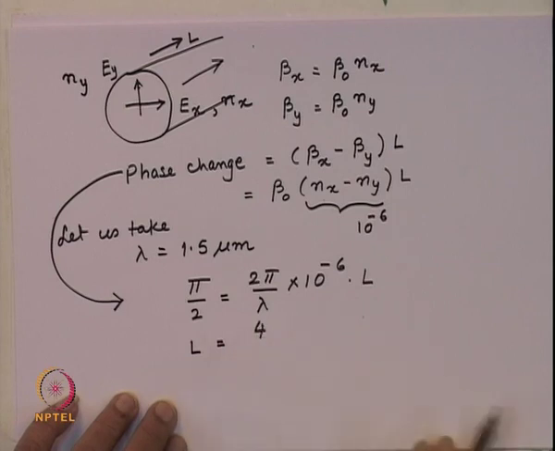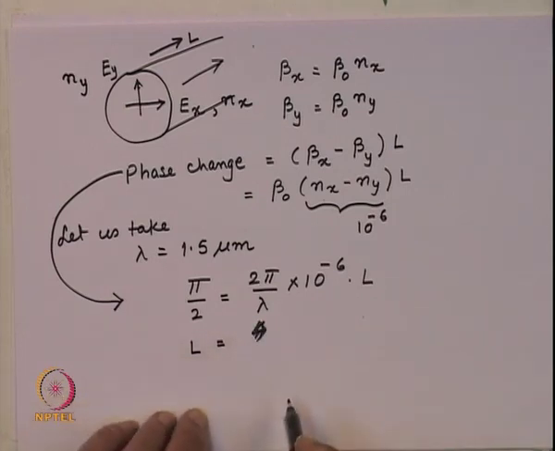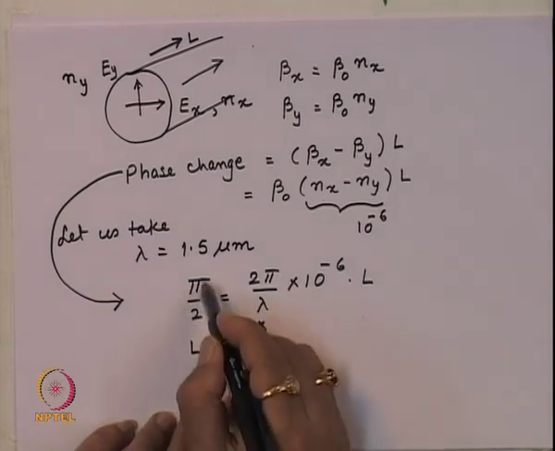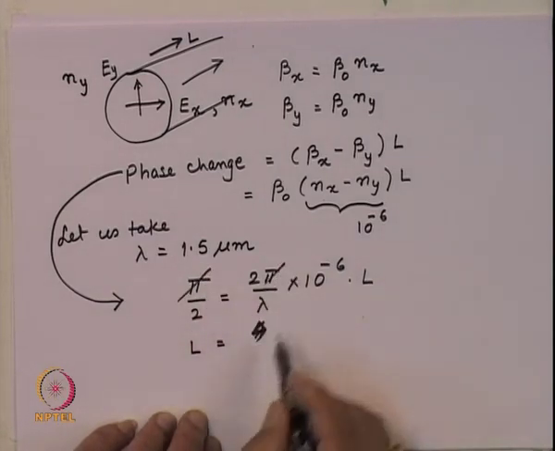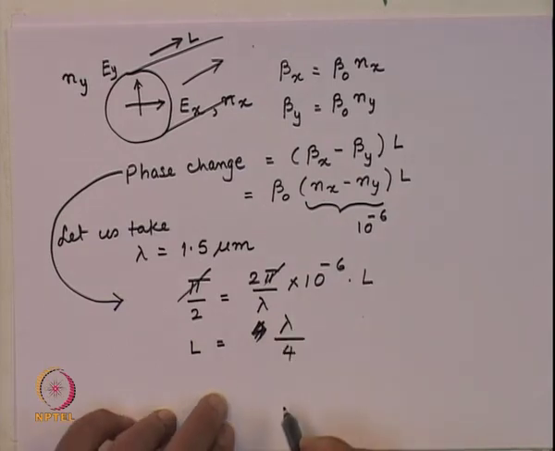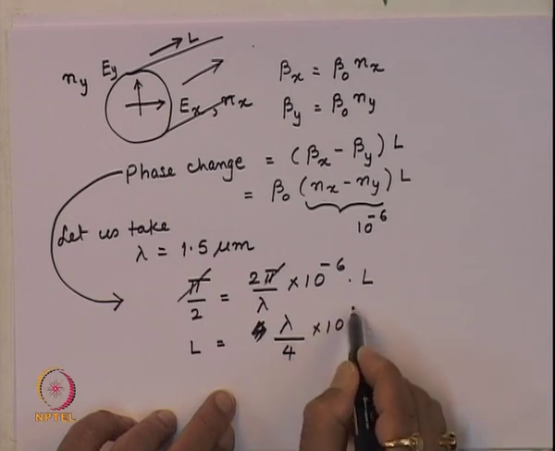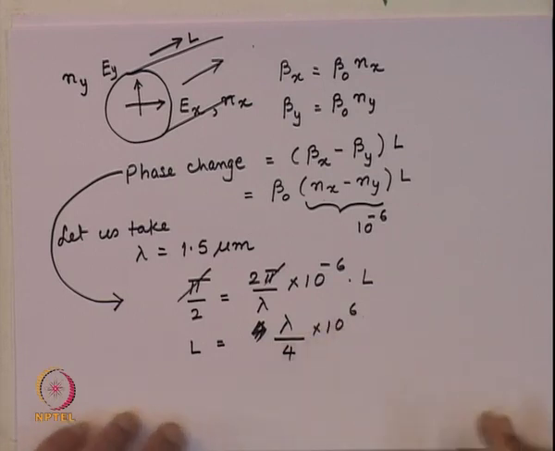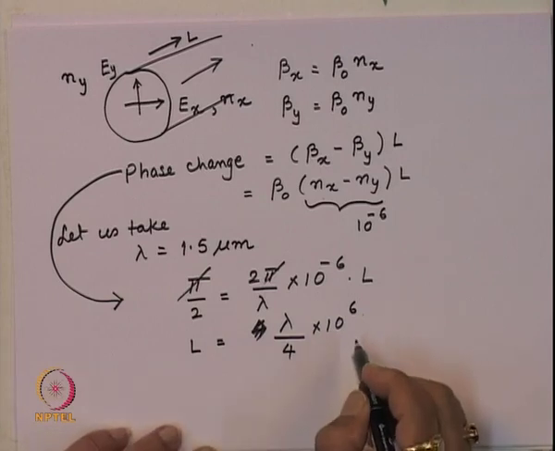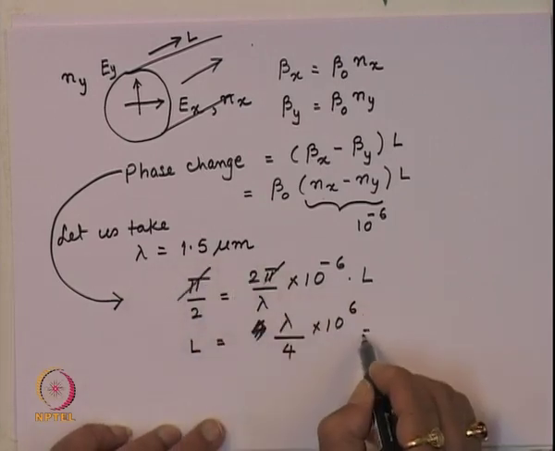4 pi will cancel. So, you get lambda upon 4 into 10 to the power 6. Lambda is taken as 1.5 micrometer, so you can substitute that.